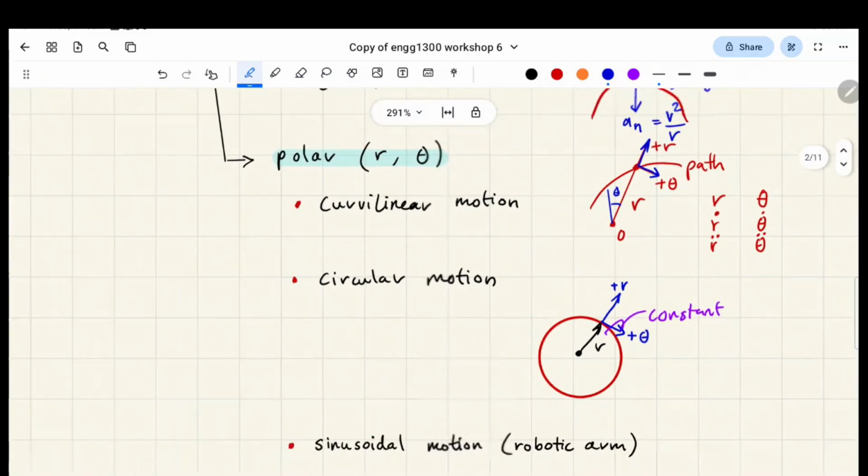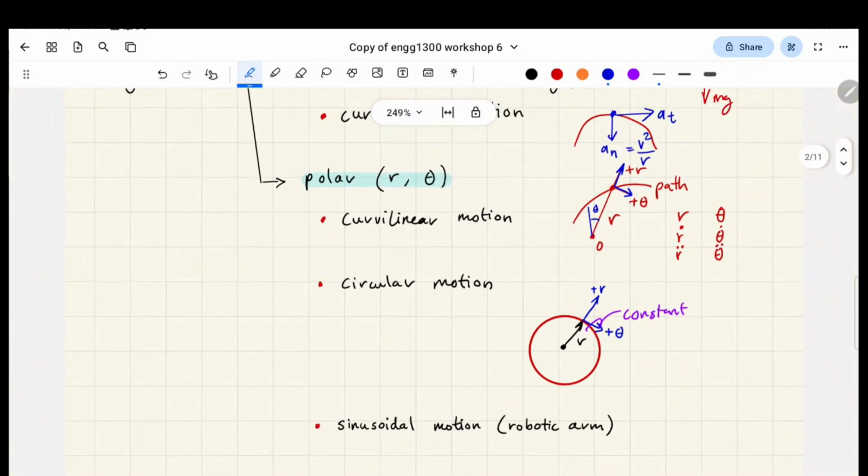You'll see later in the formulas that when there is a constant radius, the change in radius is 0 and the radial acceleration is 0 as well. It will modify our formulas slightly for that, right?